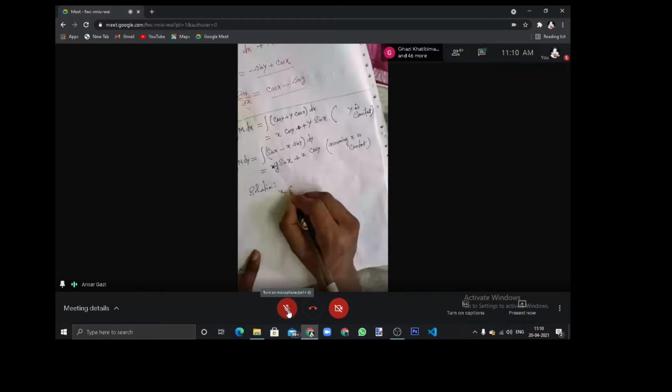Next, define integrating factor, and then I will stop here. What is the integrating factor of any differential equation? If a differential equation is in the form of a linear differential equation, then we find the integrating factor.